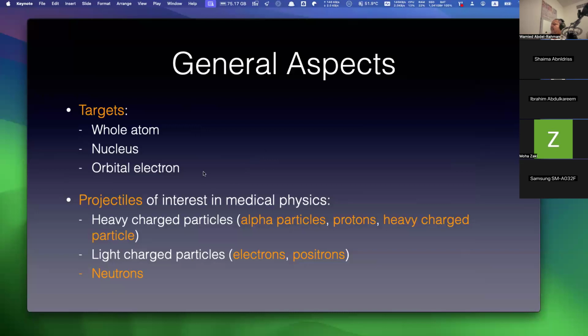We're also interested in light charged particles, which are electrons and positrons. And then we're also interested in neutrons. Heavy charged particles and light charged particles, by their name, will have a charge, which could be +1 or +2 or any charge, negative or positive. Neutrons are chargeless, so their charge is 0.